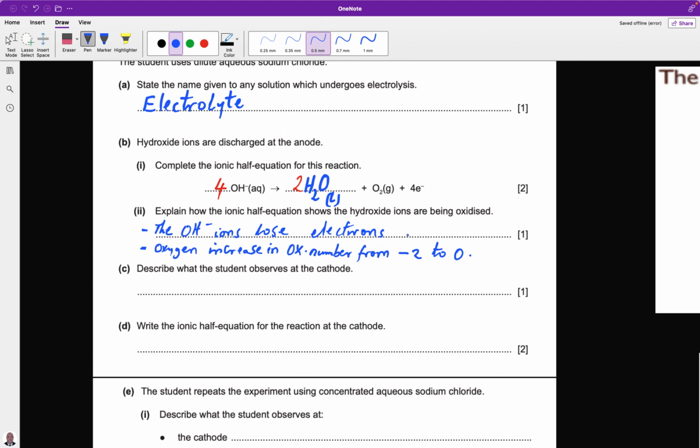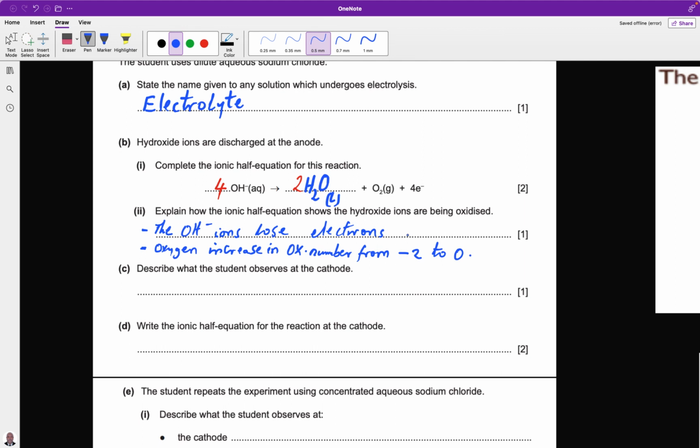Then it takes us to the C part of this. Describe what the student observed at the cathode. Something is going to happen at the cathode.